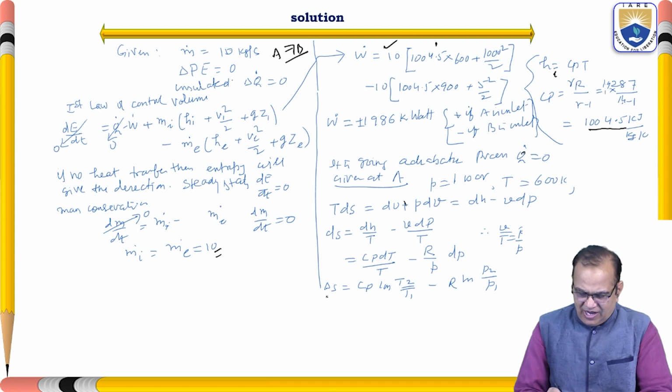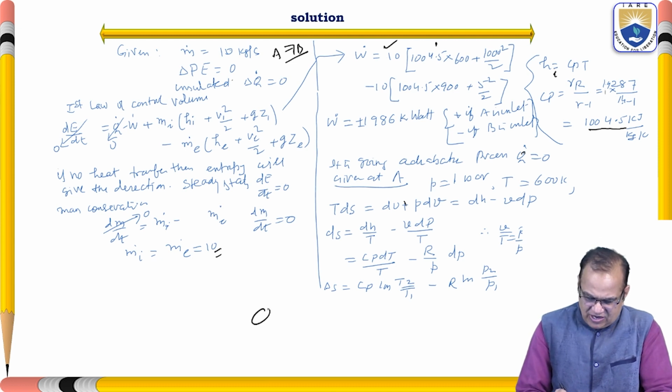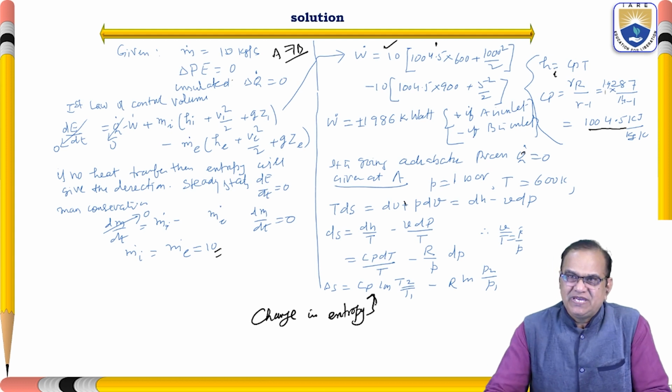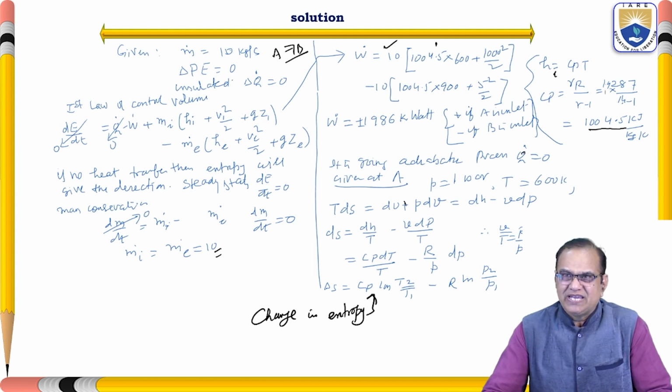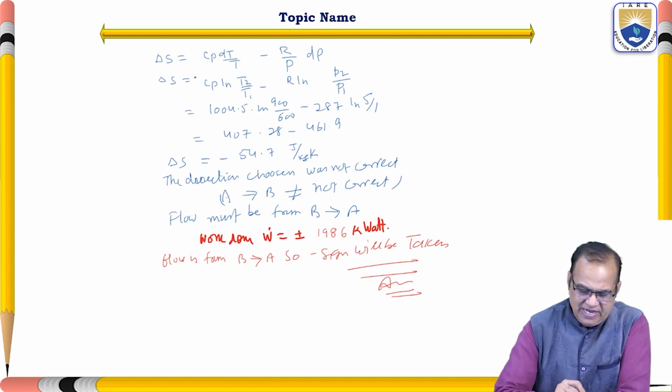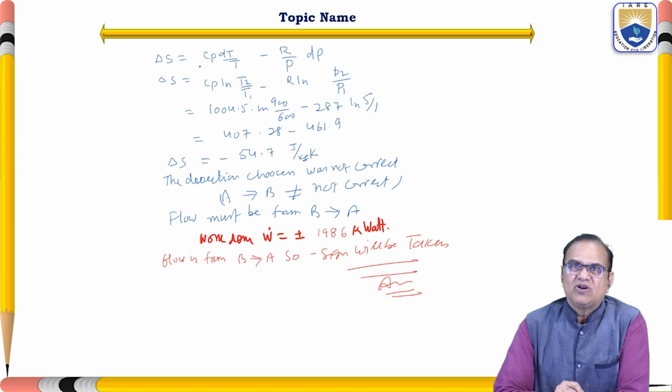So here we got delta S, meaning change in entropy. What is the delta S? Change in entropy is given by this equation, that is Cp ln T2 by T1 minus R ln P2 by P1. So now we can see here that delta S is equal to Cp dT by T minus R by P dP.